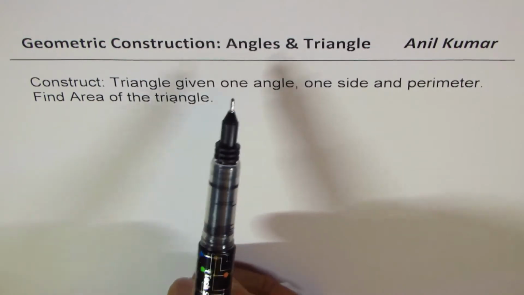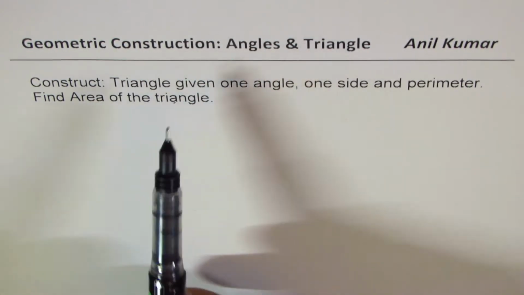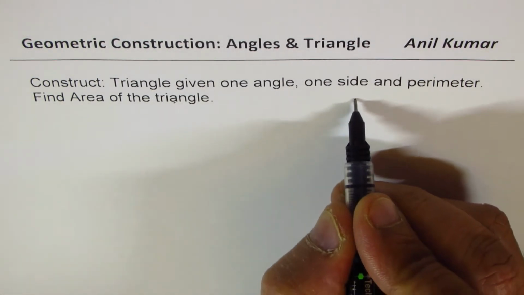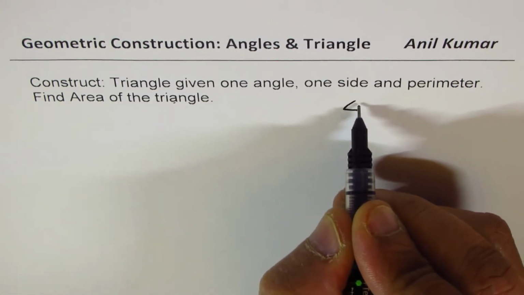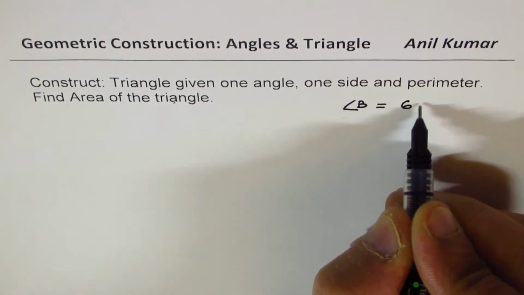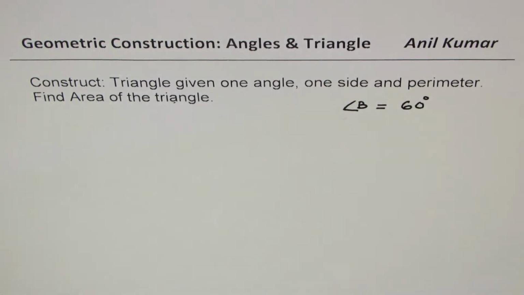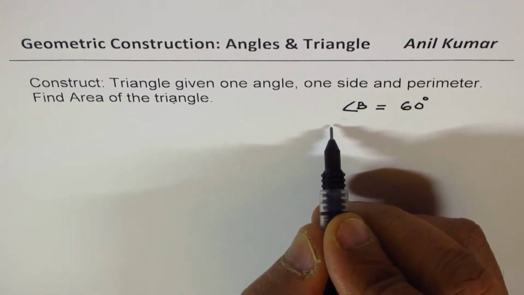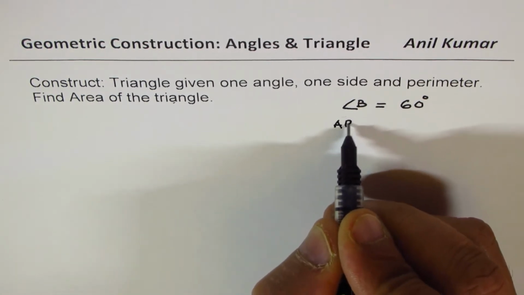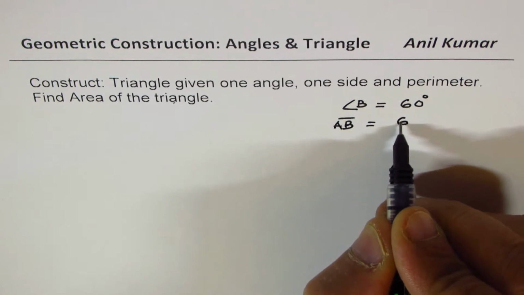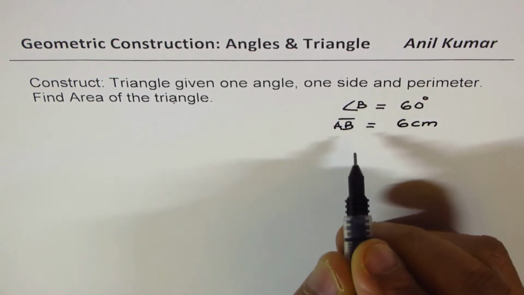Now we already have learned how to construct the angles, so I'll keep the angle simple. Let us say one of the angles, let me call that angle B, is equal to 60 degrees. And let us say one of the sides is given to us, AB equal to, let us say, 6 centimeters.